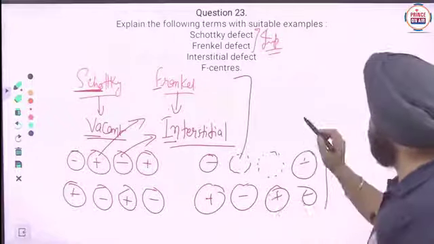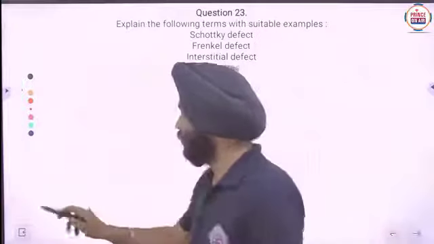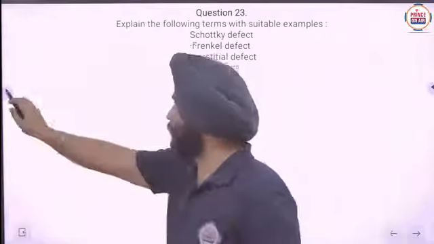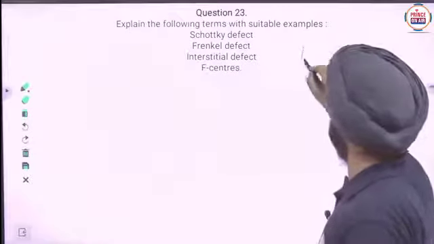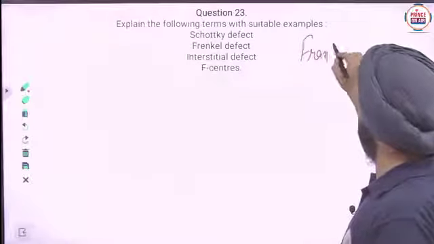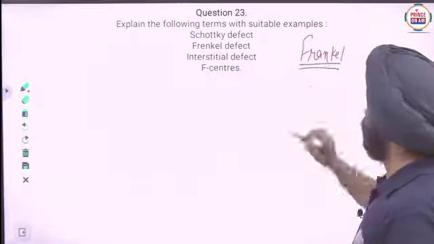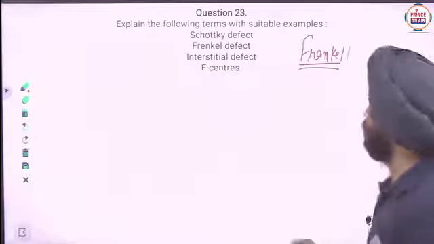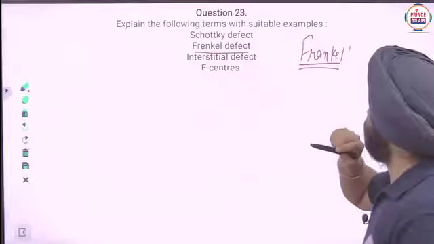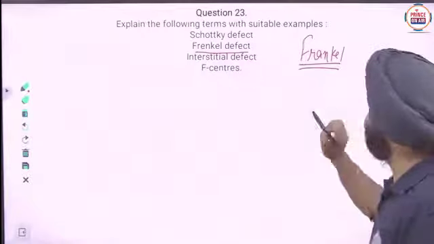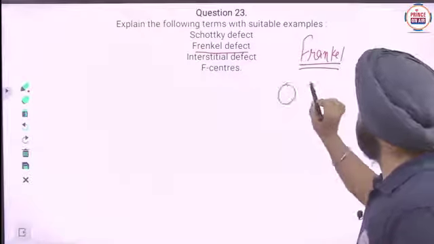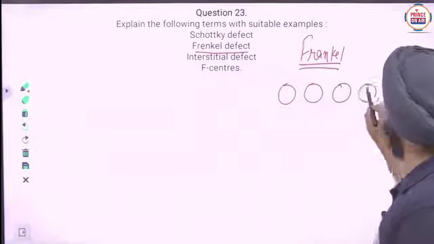But in case of Frenkel defect, there is the formation of an interstitial defect, meaning the charges are not on their own position.